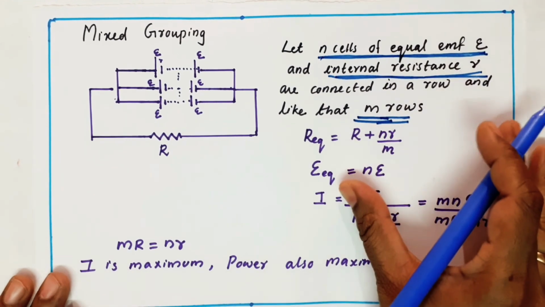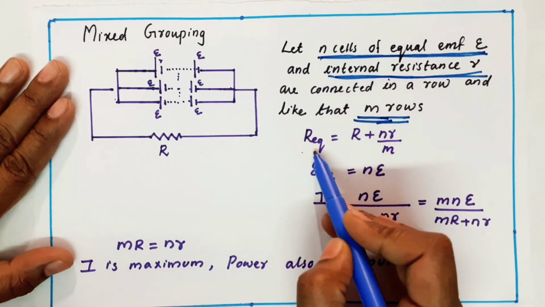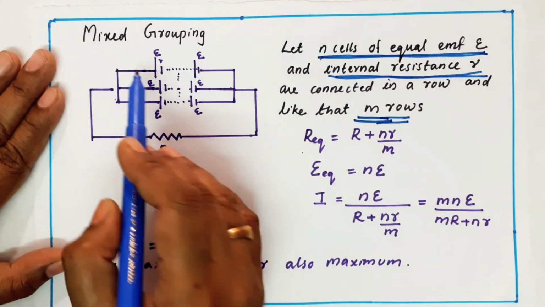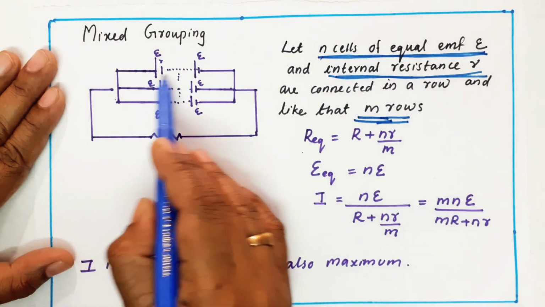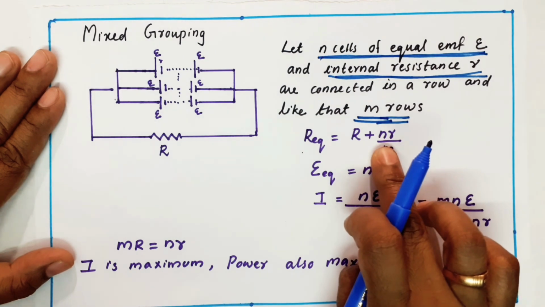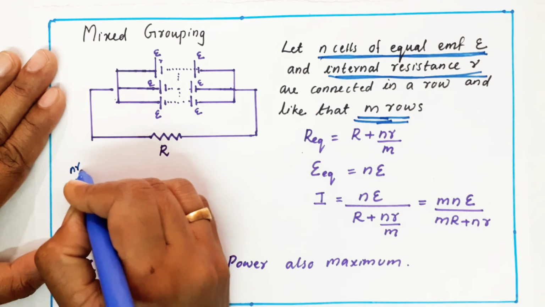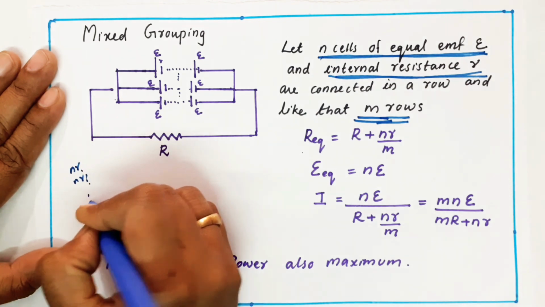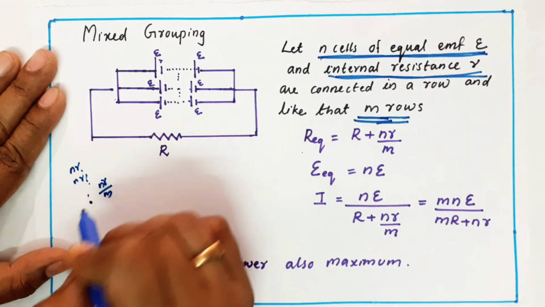Very important thing. First I am going to calculate the equivalent resistance. For each cell the internal resistance is R, so for a complete row the resistance will be nR. Like that, rows connected in parallel means the equation will come as nR by m. Did you understand what I told?